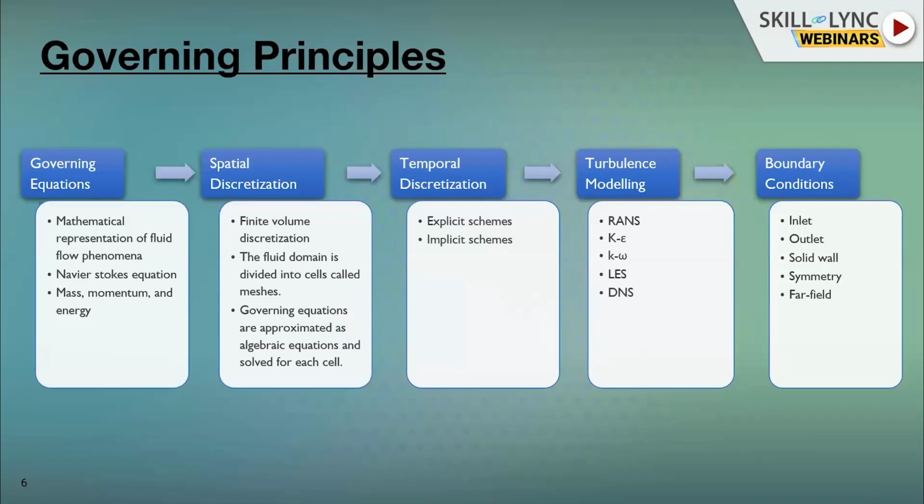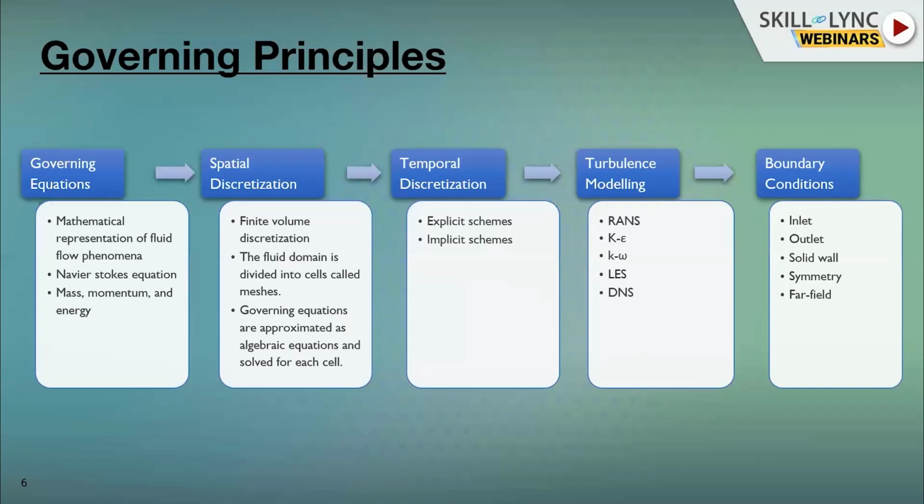Finite volume discretization is nothing but, whatever domain you have, you divide it into cells, a mesh in simple terms. And for each cell in the domain, these algebraic equations are solved, and you will be finding the flow parameter of interest, whether it is velocity, pressure, density, or whatever it may be. So that is the spatial discretization.